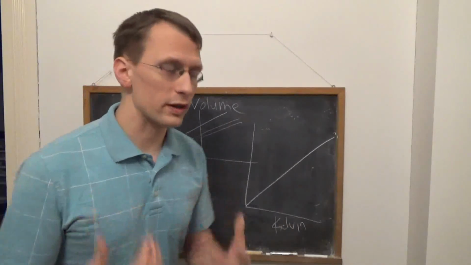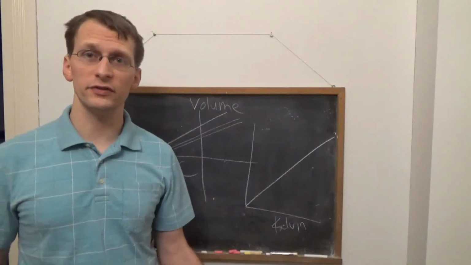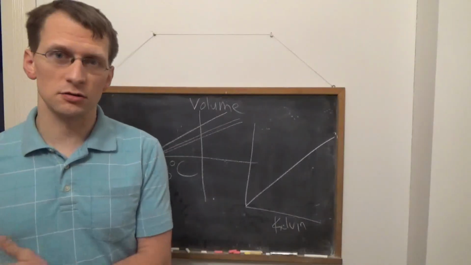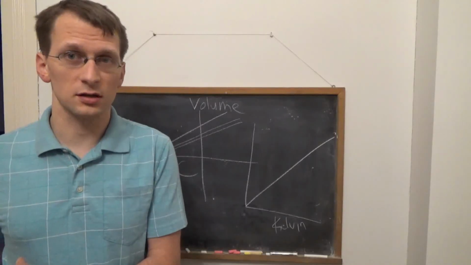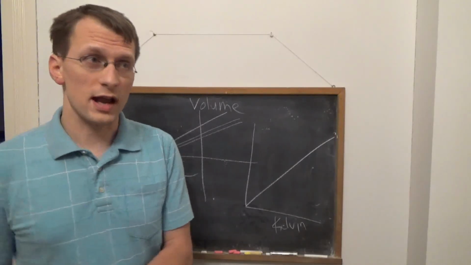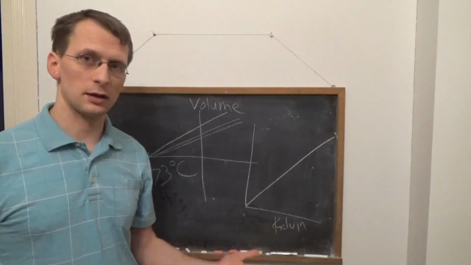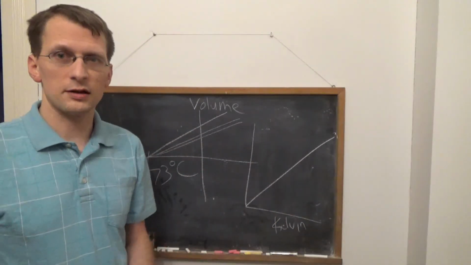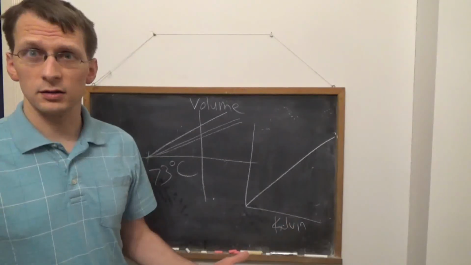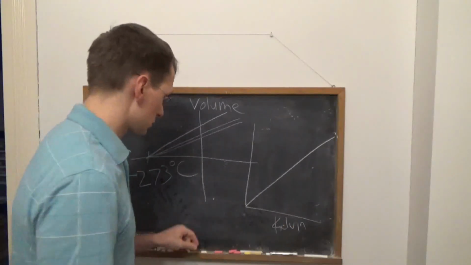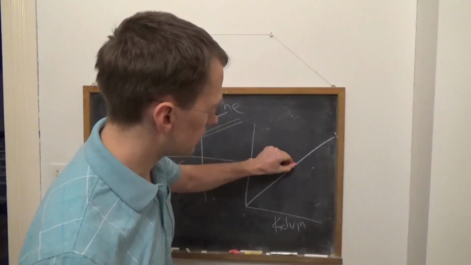But one of the great things about Kelvin is that if you double the temperature in Kelvin, you've doubled the internal kinetic energy, or the internal energy. Whereas if you double Celsius, you don't necessarily double the energy. When you double 0, that's still 0, right? When you double 20, the 20 in Celsius would be about here.